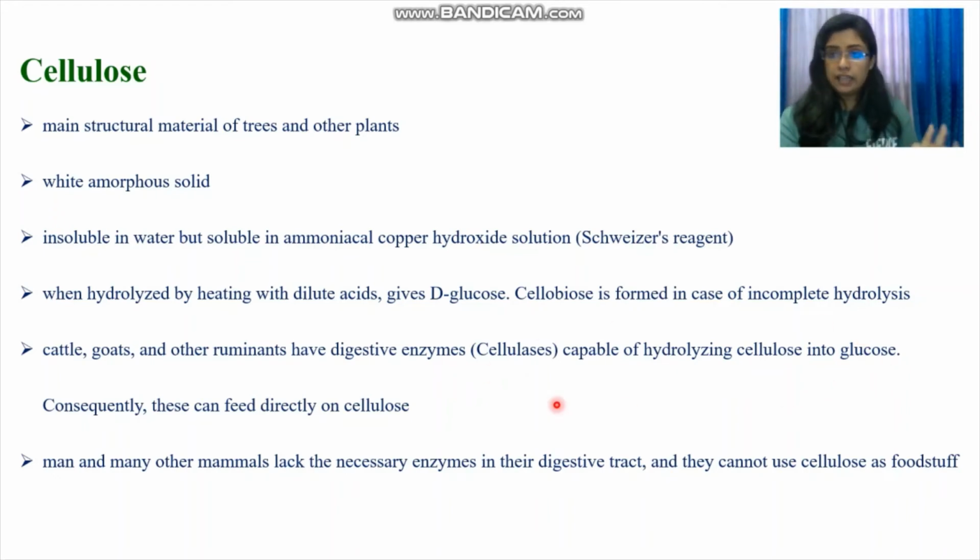So they can feed on cellulose. That is why you can see cows feeding on plants and grass. They can easily digest cellulose by hydrolyzing it into glucose. But mammals like humans lack this necessary enzyme in our digestive tract, and therefore we can't directly use cellulose as our foodstuff.